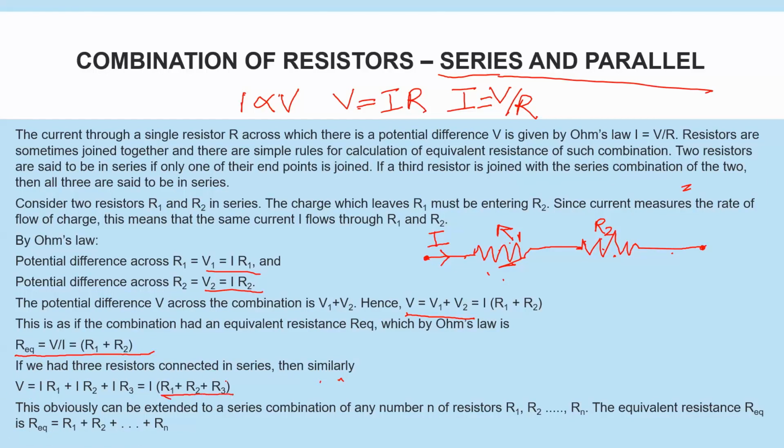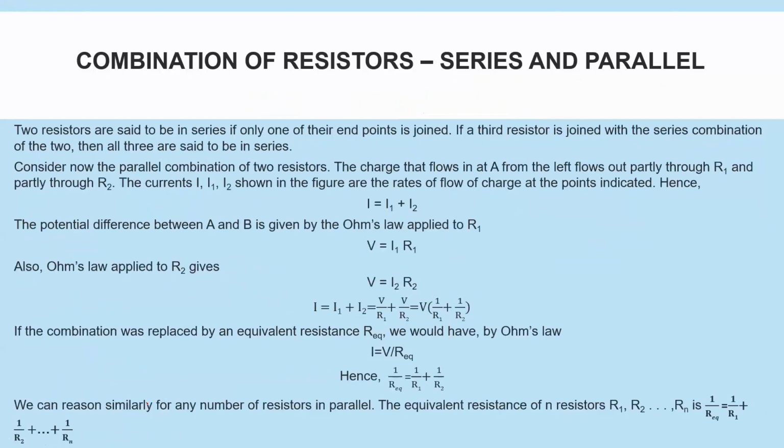So that is for the series: R equivalent is equal to R1 plus R2, all the way up to n number of resistors.